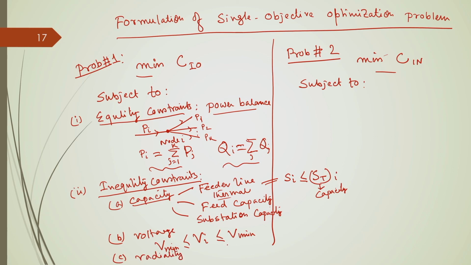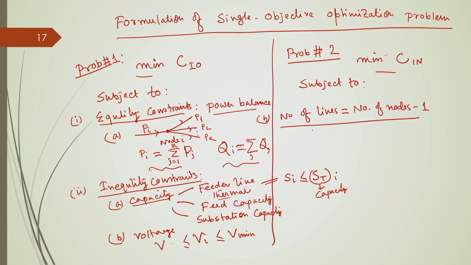How do you represent this radiality constraint? By the number of lines. This will come under the equality constraint. So, I can write over here that the number of lines is equal to the number of nodes minus 1. So, this is one constraint which is called the radiality constraint.